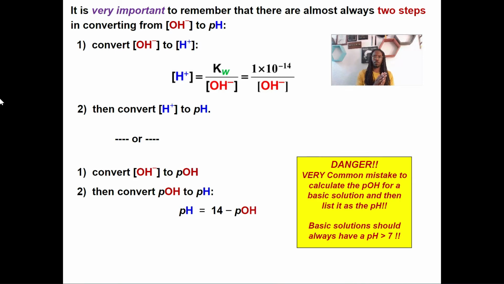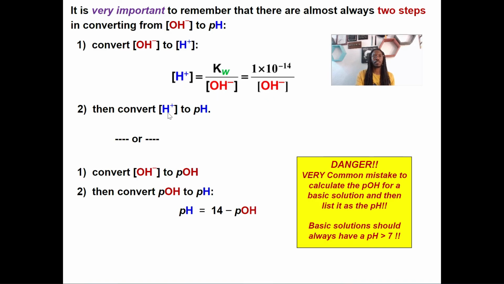And this is very important to remember, everybody. If you are given an OH concentration, you are able to convert that to pH. We would convert our OH to H plus by using the Kw equation to solve for our H plus concentration. Kw is always 1 times 10 to the negative 14 over whatever the OH concentration is.